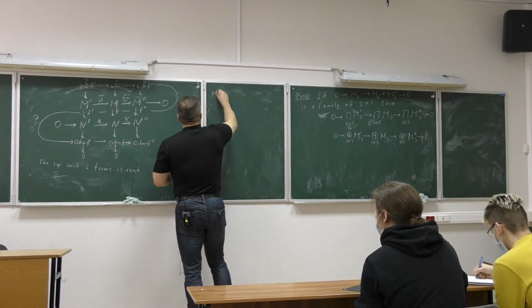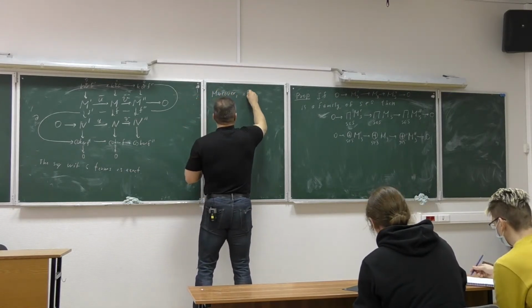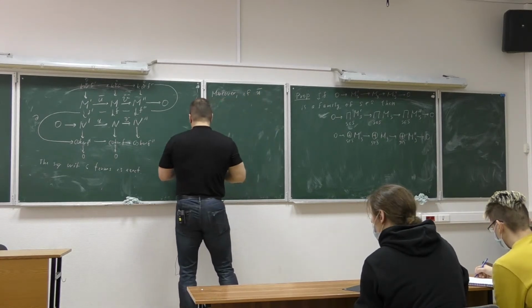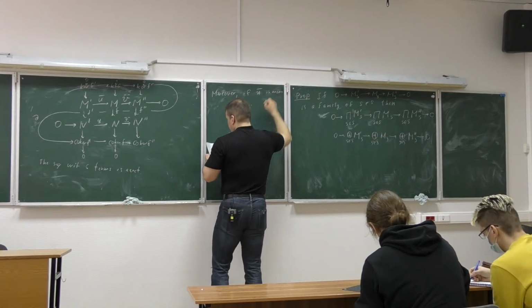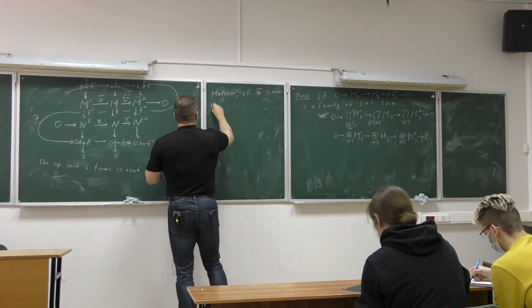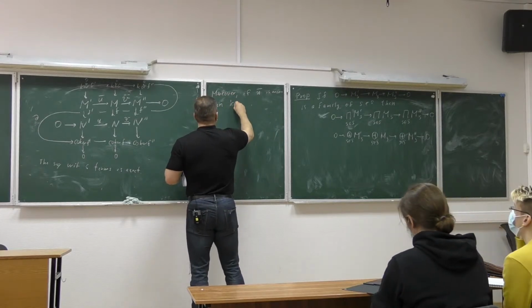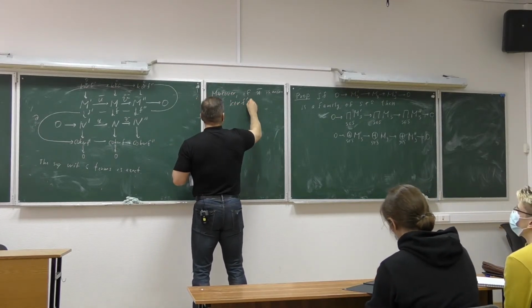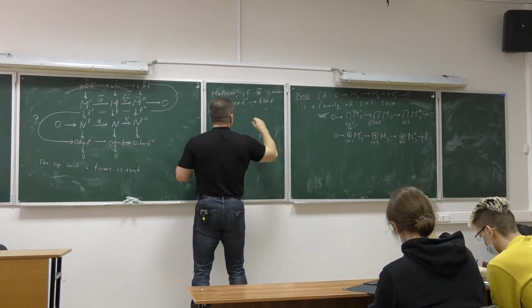Moreover, if U bar is mono, then the map from the kernel of F bar to the kernel of F is mono.